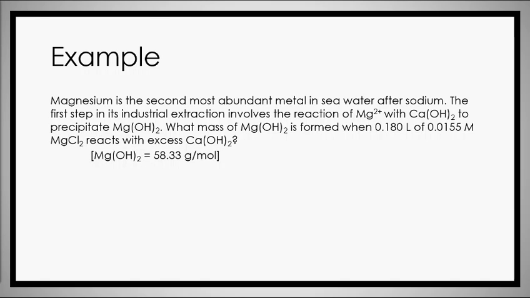For this particular one, you again ask yourself the basic questions: what am I given, and what am I being told to solve for? Reading the last sentence, I am asking for the mass of magnesium hydroxide. But I am giving you the volume and molarity of magnesium chloride.